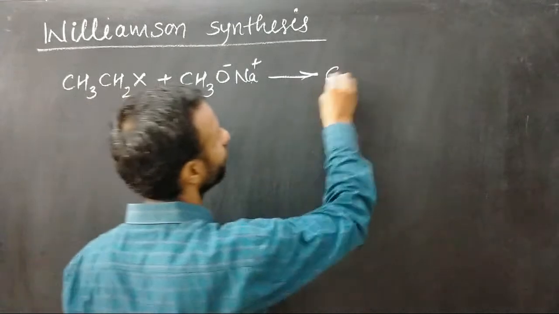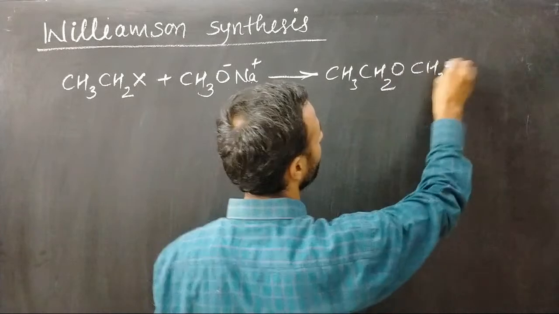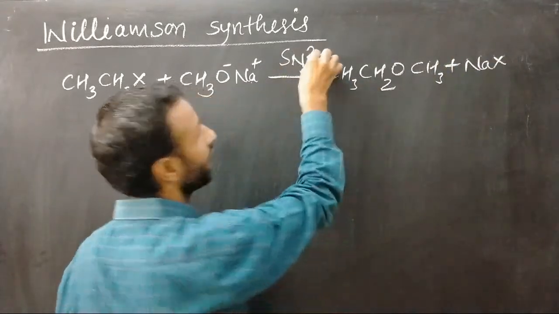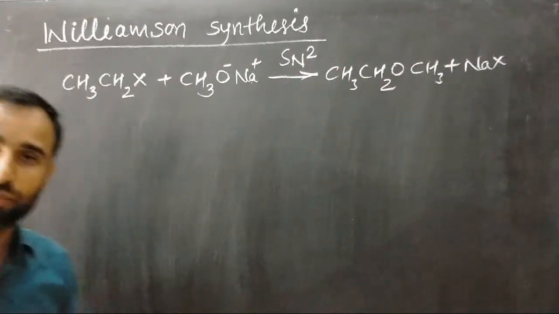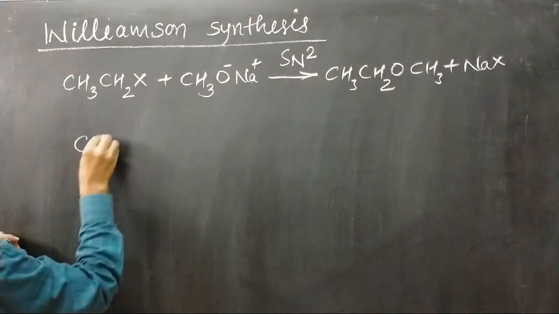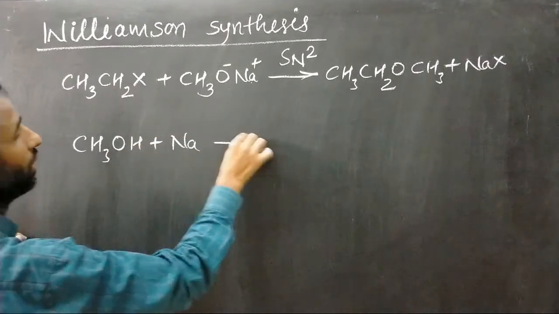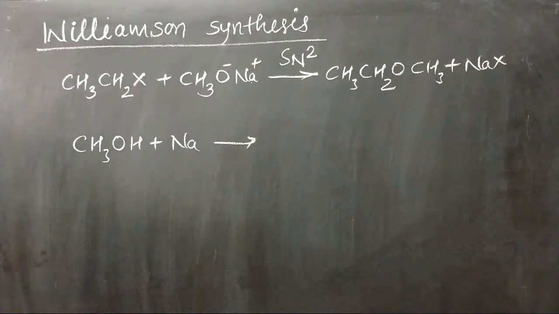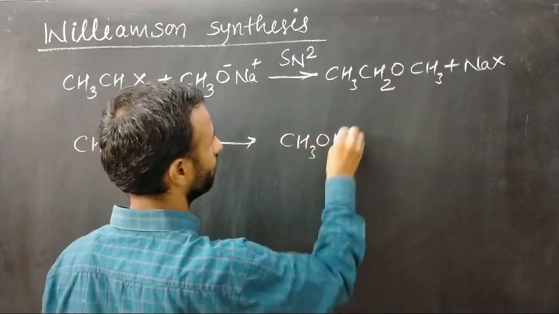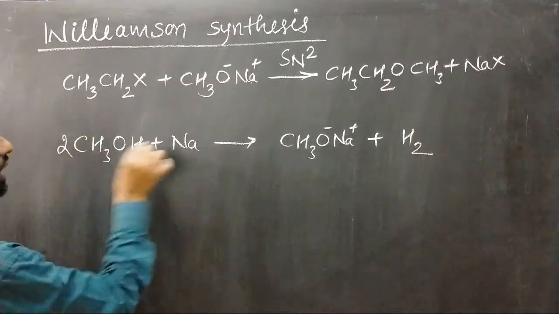This is removed, we get CH3CH2OCH3 along with NaX, and this is an SN2 reaction. Mechanism is SN2. This sodium methoxide is formed just by treating alcohol with sodium. Okay, so we get sodium methoxide along with H2 gas.